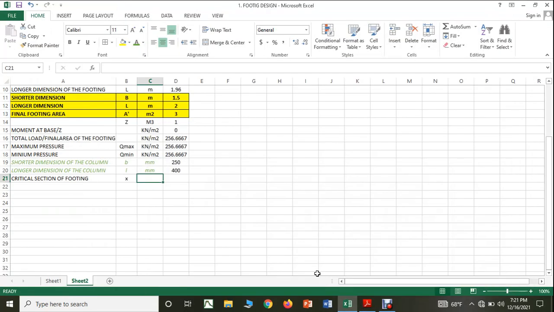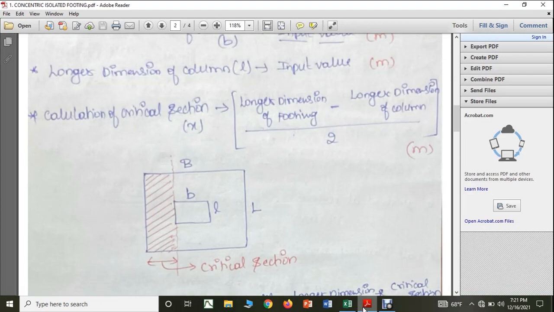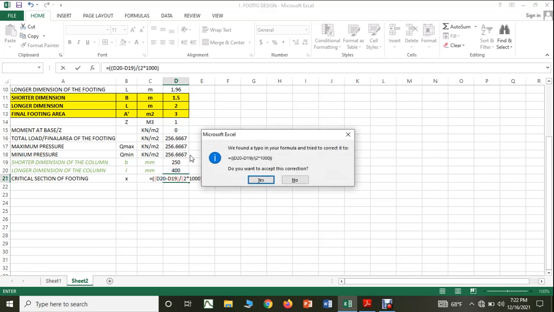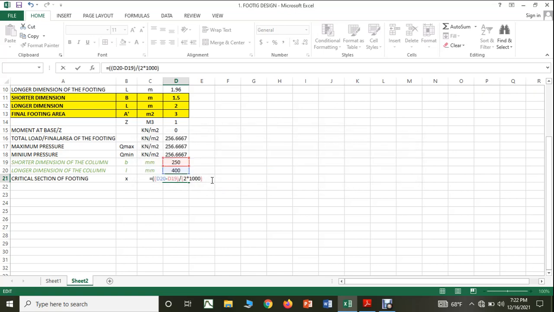It will be in meters, right? So what is that? It is the longer dimension of the footing. So I can give two brackets: the longer dimension of the footing minus shorter dimension of the footing, I'll close the bracket, divided by 2, and since I want it in meters, I have to again divide it by 1000.